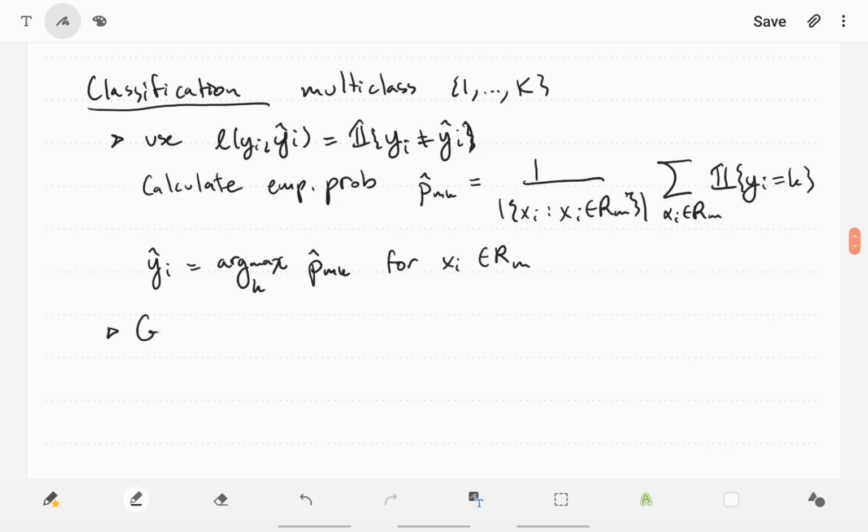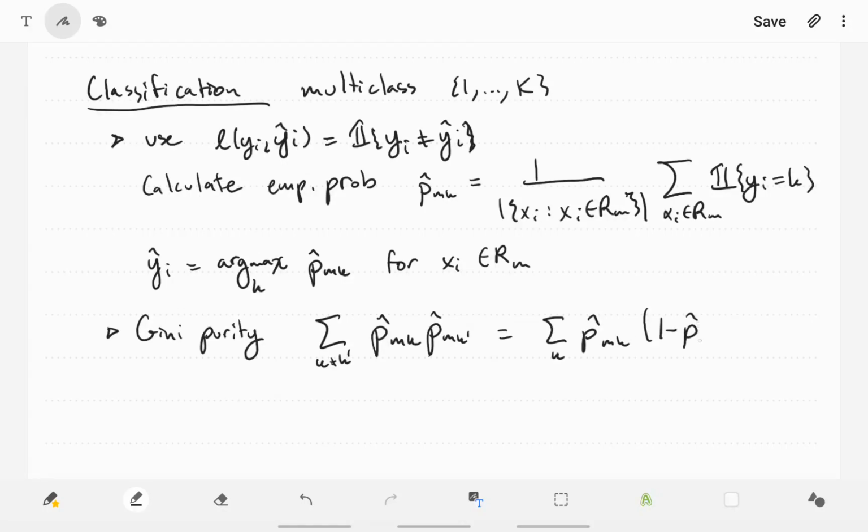So one of them is called the Gini purity, and it's the sum over every pair of classes k and k prime of p hat m sub k and p hat m sub k prime. Another way to express this is as a sum over k of p hat mk times 1 minus p hat mk.